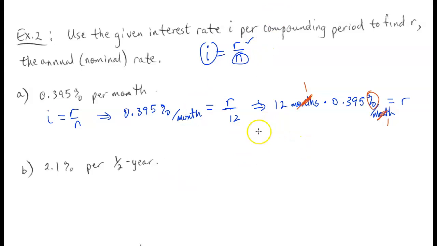And so now all this means is that we just have 12 times, and now I'm actually going to write this out in decimal form. So we got 0.00395.